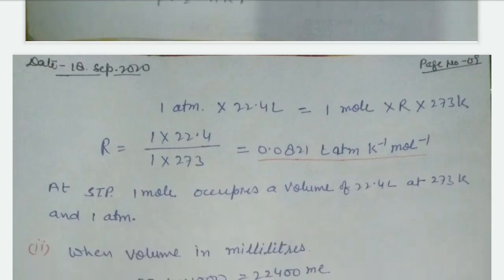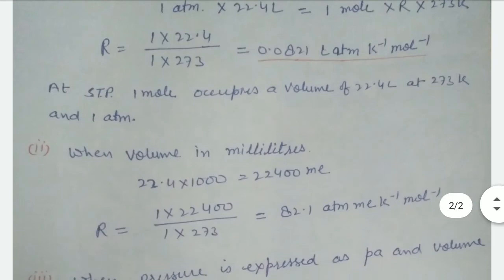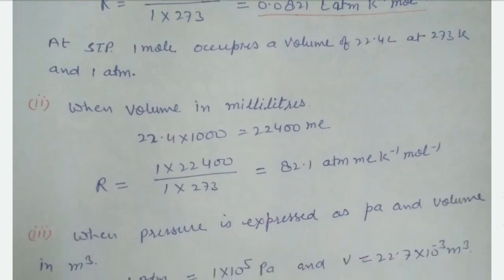Right? When we calculate the value of R in milliliter, we put it in the formula and get 82.1 atmosphere milliliter Kelvin inverse mole inverse. This is the value of R.